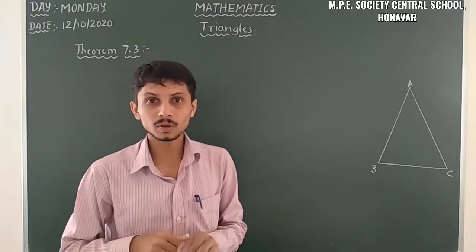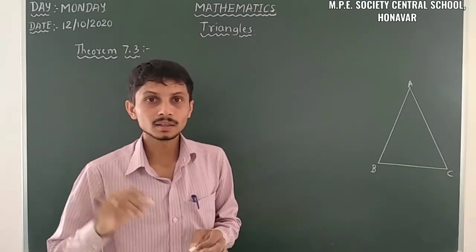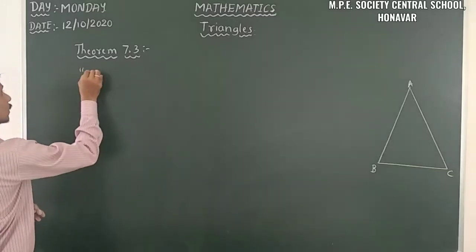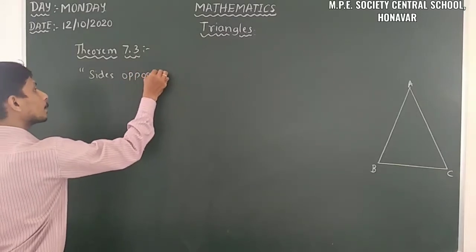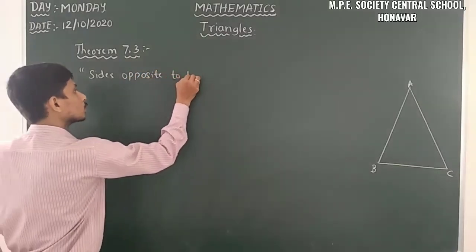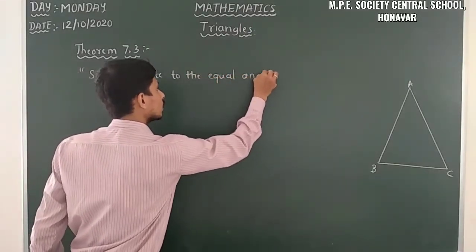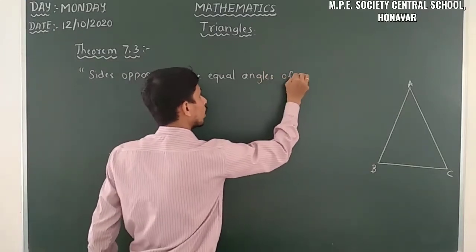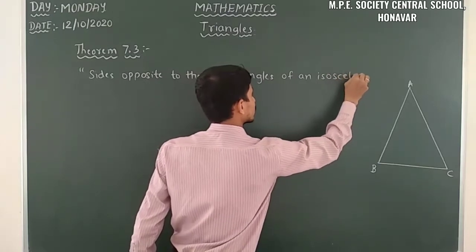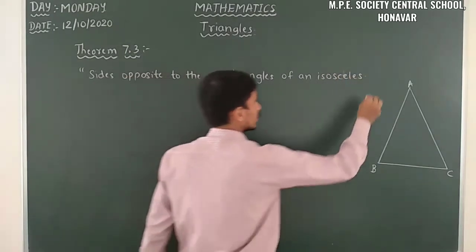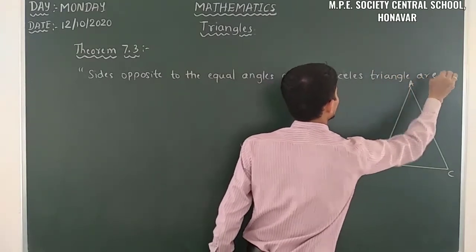So we have to converse that: sides opposite to the equal angles of an isosceles triangle are equal.